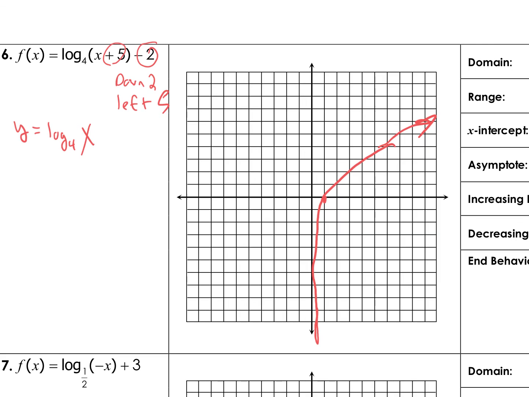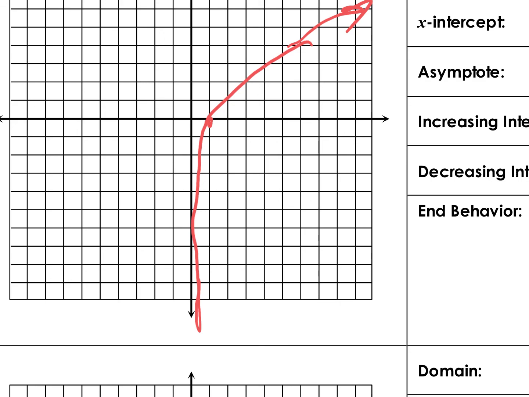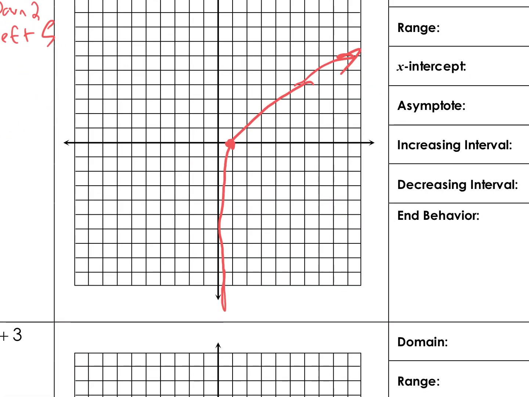There's a shift down, and there's a shift left. So think about it. This point right here has to go down how many? 2 and left 5. So watch this. Down 2, left 5. 1, 2, 3, 4, 5. It has to be over there.